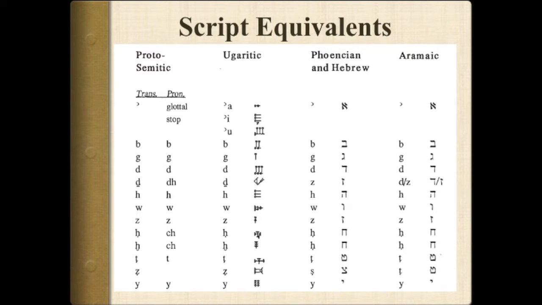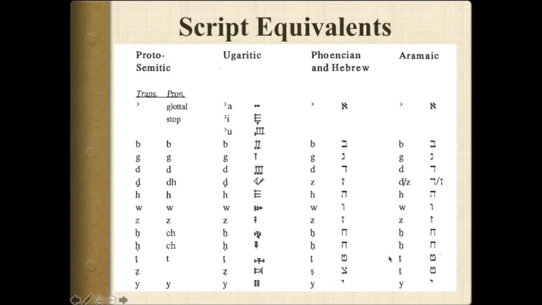The Hey remains identical, the Vav, the Zayin, the Chet. Notice that Proto-Semitic and Ugaritic have another ch sound, a little curvy line underneath it, which has collapsed into the chet in both Hebrew and Aramaic.